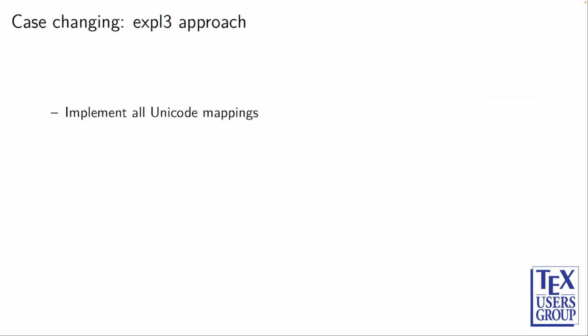What did I do in expl3? So in expl3, the starting point was to provide a way of implementing all 4 of those Unicode types of mapping. So as I say, the primitives in TeX provide us lower and uppercase only, and they have some other limitations. When we work through this list, we will see them. They use LC code and UC code, and I wanted to use LC code and UC code for storing as much data as we could, so what I'm going to call here the core data.